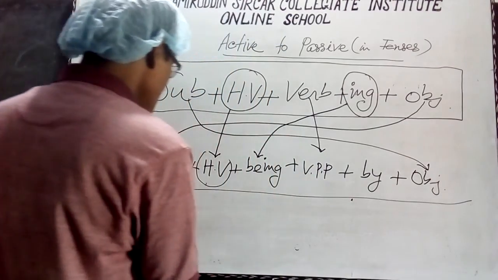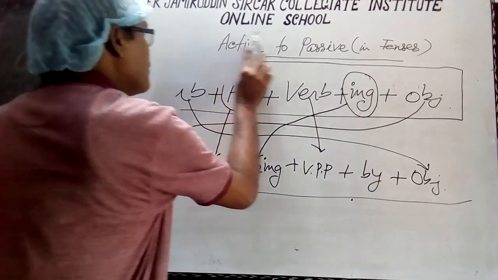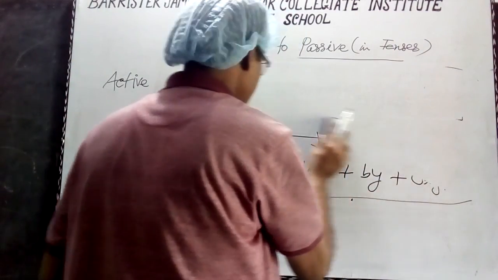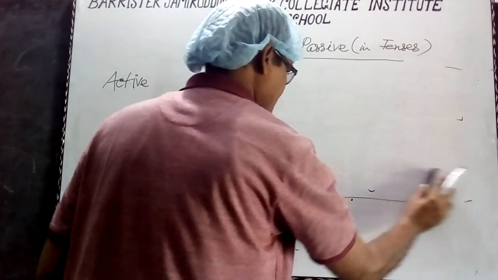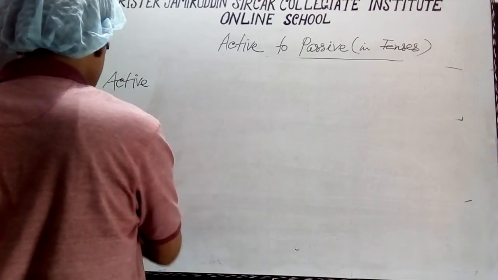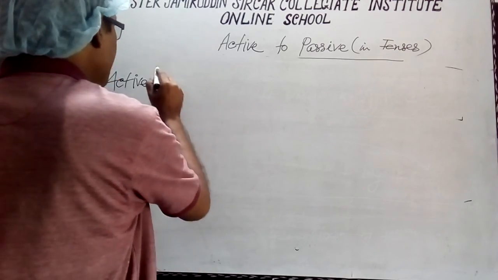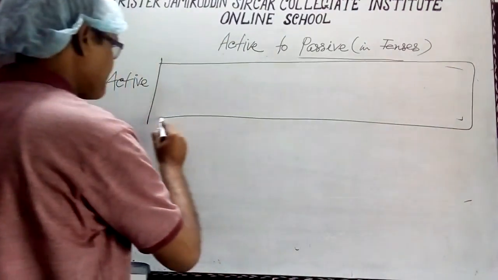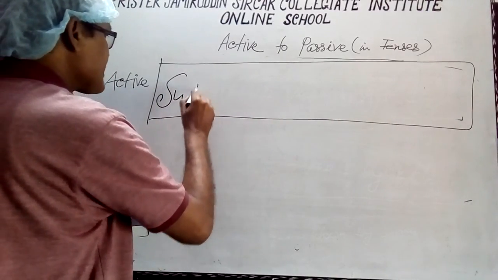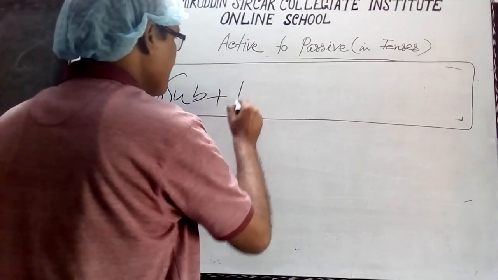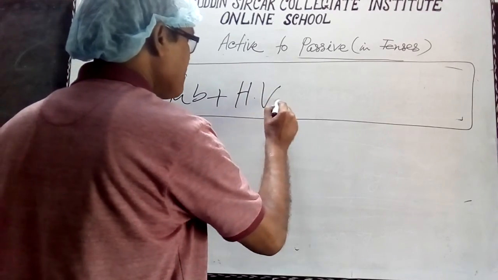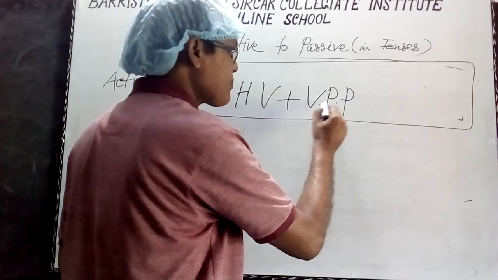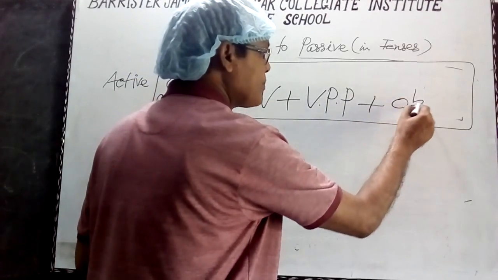Let's try to change active to passive in another form: present perfect, past perfect, that means perfect form. Here subject, then there will be some auxiliary verb, and the main verb will be in the past participle form, and then object.